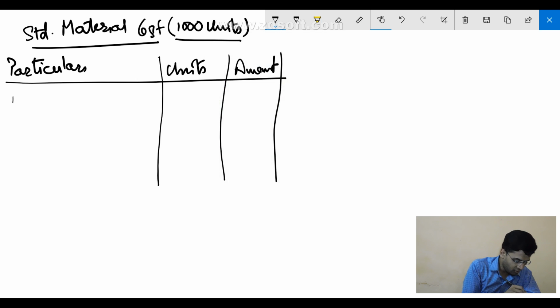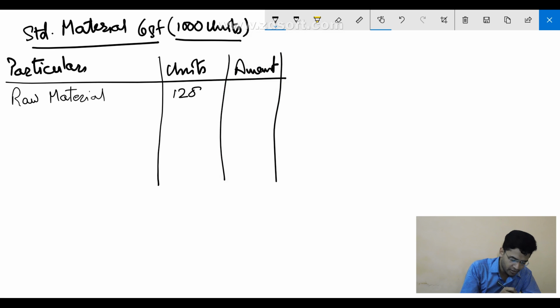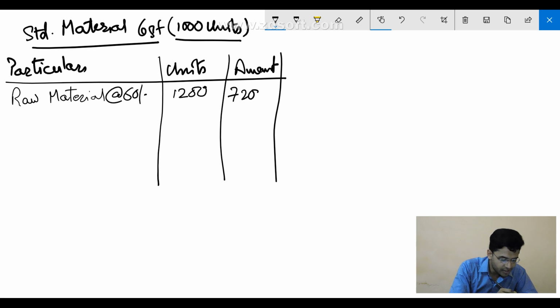First of all, we'll see what is the raw material which we need to use for this particular production process. Guys, the raw material which we need to use is 1200 units. It will be purchased at the rate of 60 per unit. So the total amount which is there is 72,000.